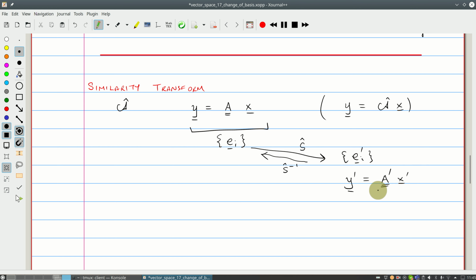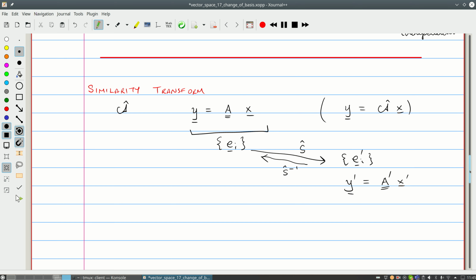And we would like to know how the components of the primed vectors are related to the components of the unprimed vectors. Or more precisely, how are the components of y prime related to the components of y? So that's the problem we are trying to solve. And what we are going to end up with is showing how A prime is related to A, because that's going to make all the relations pretty clear.